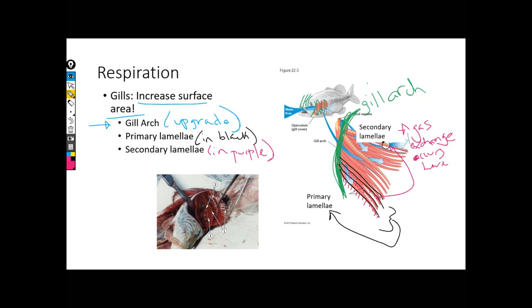And despite my poor drawing, those secondary lamellae would be quite packed. Wouldn't have like half an inch between them or whatever. Does gas exchange not happen on the primary end? It's not occurring. So the secondary lamellae are loaded with capillaries, and that's where we're seeing this occur.